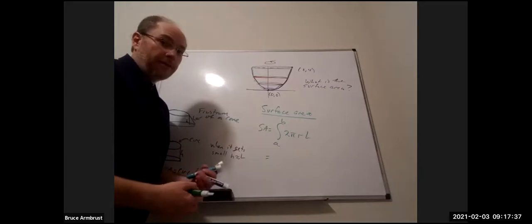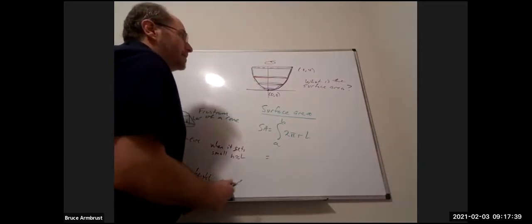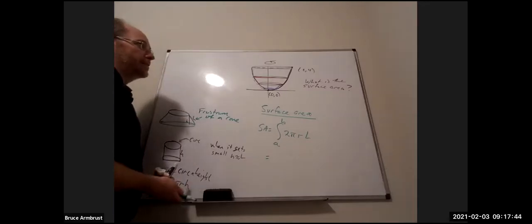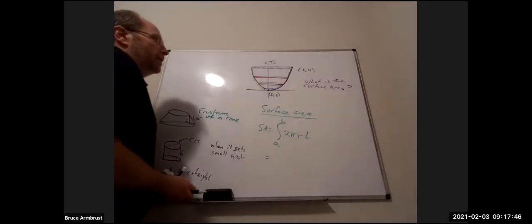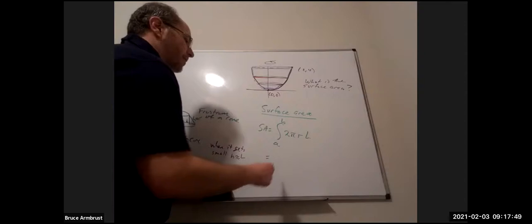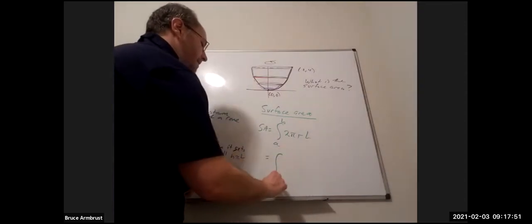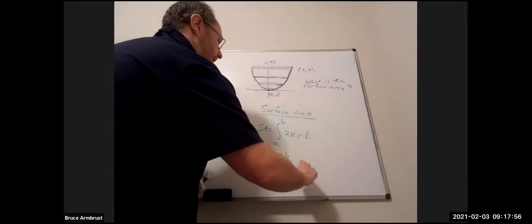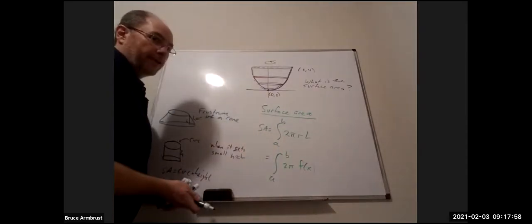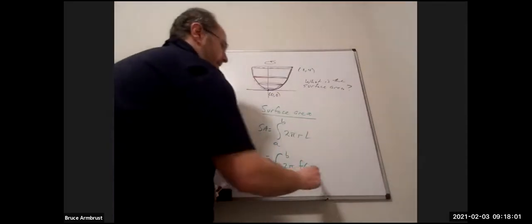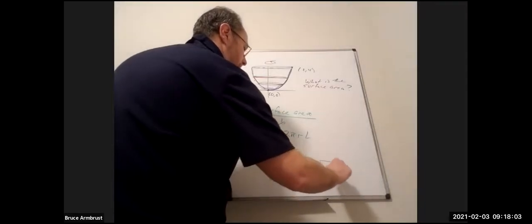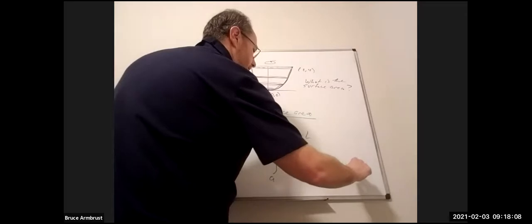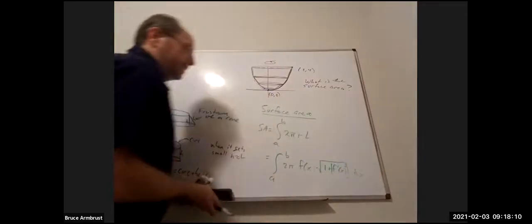There's going to be the form for the x and for the y, depending upon which axis we're rotating around. So the one form is going to be 2 pi f of x for our radius times the square root of 1 plus f prime of x squared dx.